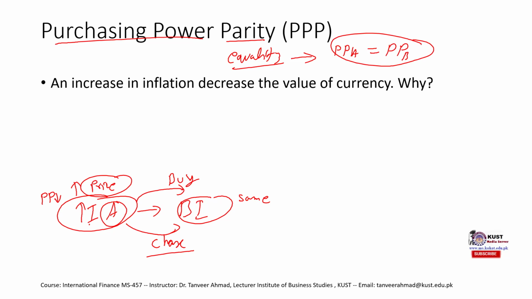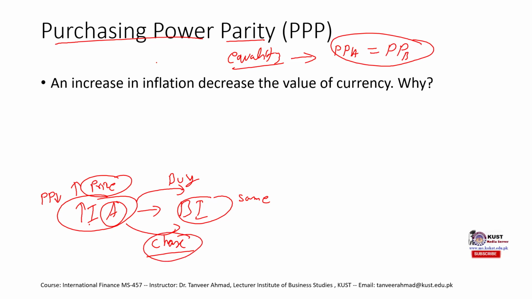What this means is that a citizen of country A, whether he buys the products from his own country or from country B, it would cost him the same amount in terms of the same currency, right? So it would not be advantageous for the citizen of country A to buy products from country B. And this would only happen because of the changes in exchange rate.